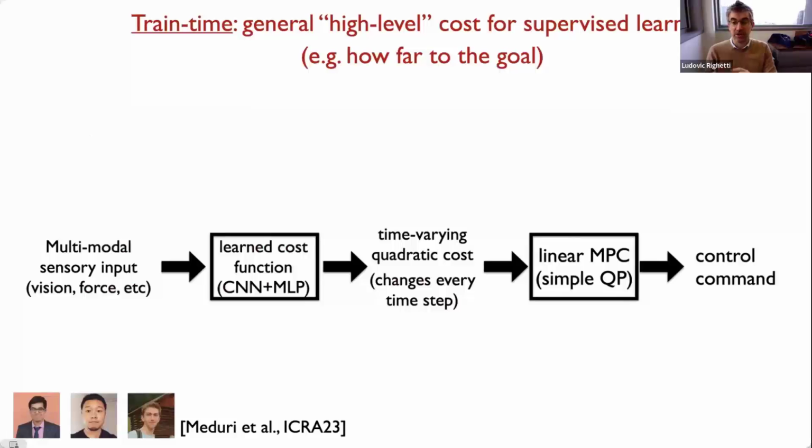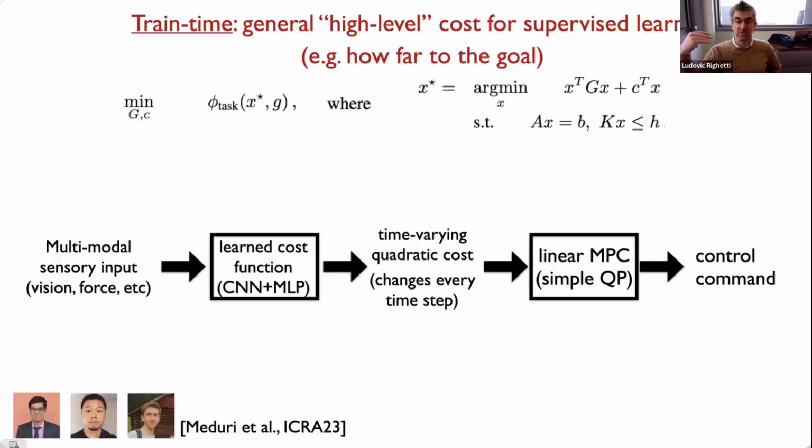So when we train, we have a high level cost that is going to say we're going to use our current setup for the neural net, the current vision, to output a cost function, solve the linear MPC, have a trajectory, and see how close we go to the goal and how much we go into an obstacle and things like that. And based on that, so that's a task, right? Our task is going to be how close we go to the goal, and the X star basically is the solution to my MPC problem that is given by the cost provided by the neural net.